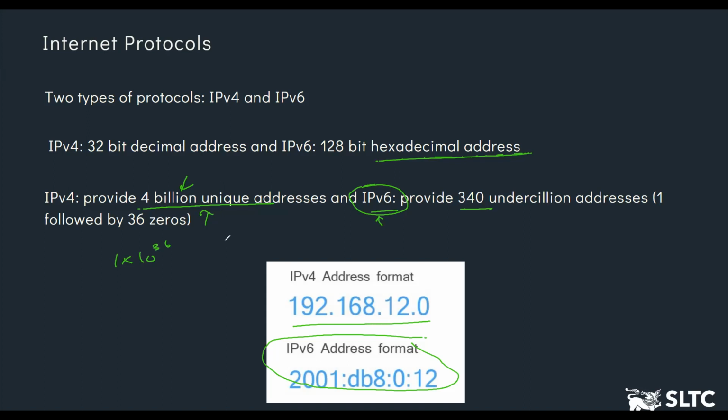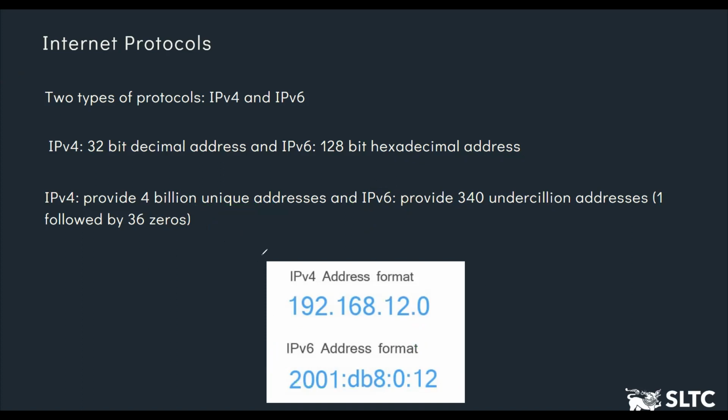Because of that, IP addresses can be used multiple times for different devices at different times. So likewise, we have two types of IP addressing, and these are used to give a unique address to each device in the network.